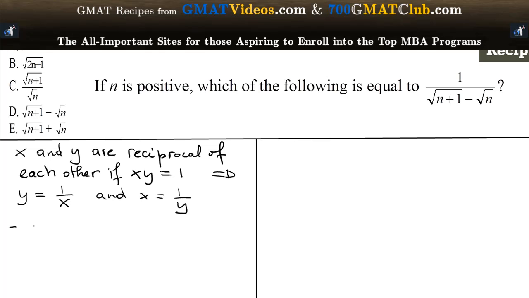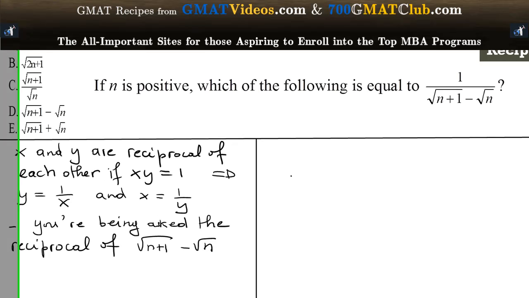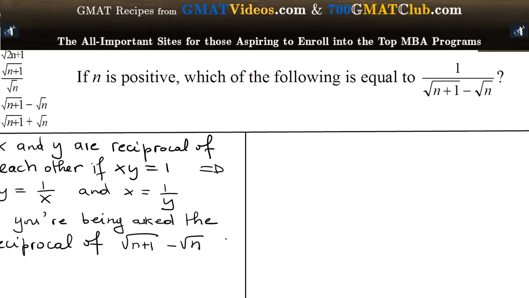So, in this question, you are being asked the reciprocal of root of n plus 1 minus root of n, because root of n plus 1 minus root of n is at the bottom, and 1 over that.